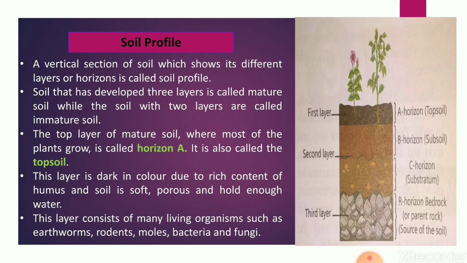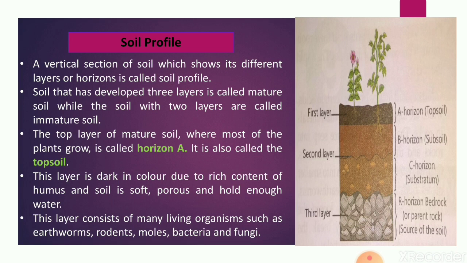Then there are three main horizons, or layers, of the soil. The top layer of mature soil, where most of the plants grow, is called horizon A. It is also called topsoil. This layer is dark in color, and a lot of humus is present in it.